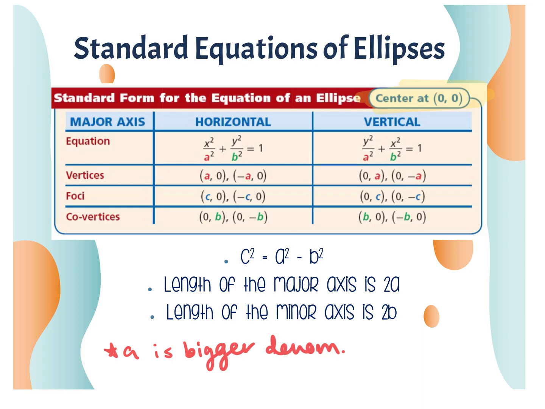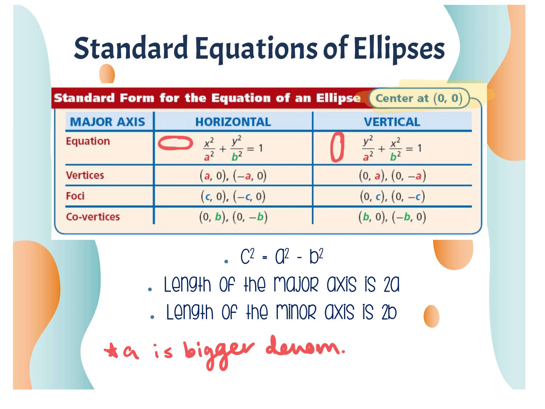So if A is under the X, then our X-axis will be longer, so it'll be a horizontal ellipse like this. If A is under the Y, then it will be a vertical ellipse, so our vertical axis will be longer and our ellipse will look like this. So it just depends on where the bigger number is. That's going to determine the shape of your ellipse, your oval.